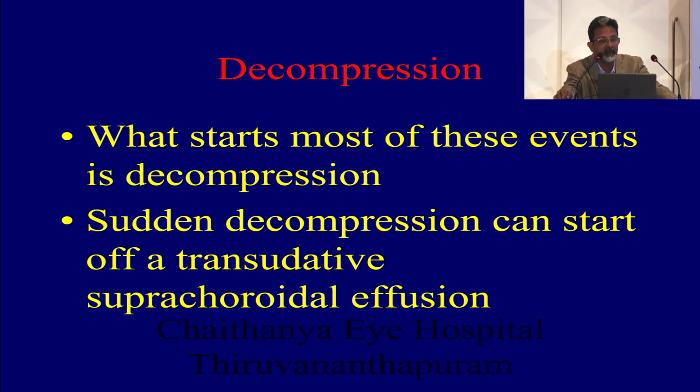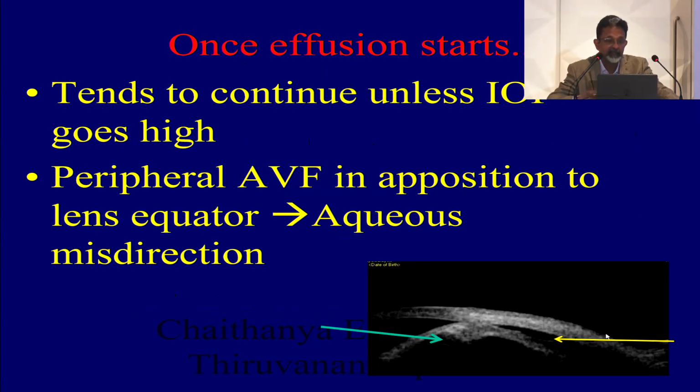Decompression is when events actually start to occur. What starts most of these events is decompression. A sudden decompression can start off transudative suprachoroidal effusion, and once the effusion starts, it tends to continue unless the IOP goes high enough to send all the fluid out of the choroidal space.